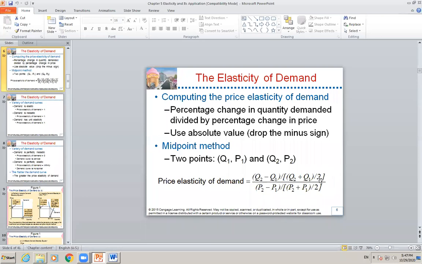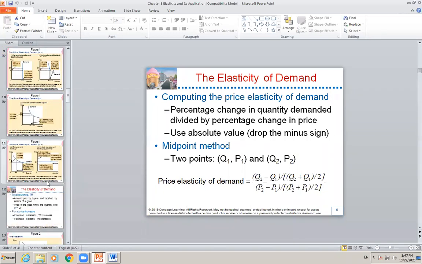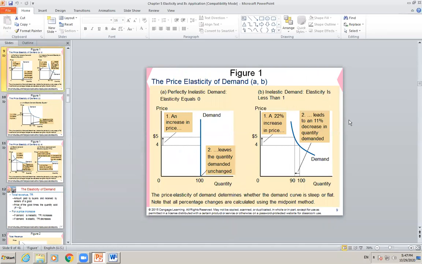This is how the percentage change is measured. First of all, 11 divided by 22 is going to give you 1 over 2, which is half, which is less than 1. It's inelastic.